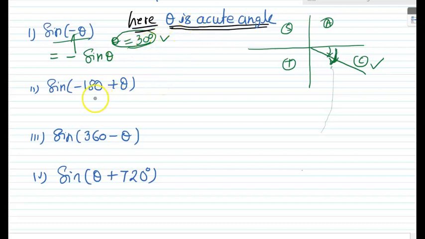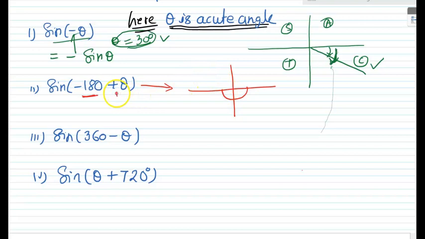It can be anything. Next one is sin of minus 180 plus theta. So for this one, let's write down here, sin of minus 180 plus theta, how much will it be? Anybody got the answer? Okay, so see, it is minus 180, so you are going here, and theta is here, acute angle.